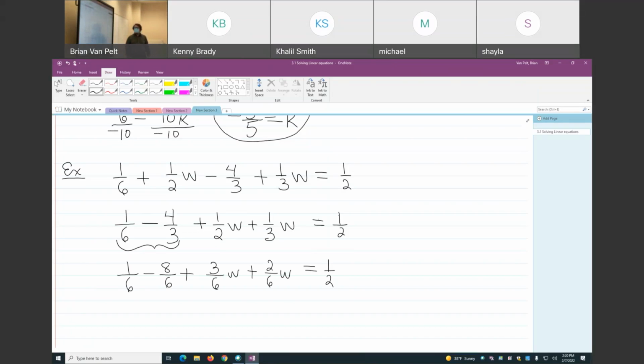So I have a bunch of stuff I have to do before I even begin solving the equation. Now on the left, notice the 1/6 minus the 8/6 is negative 7/6.